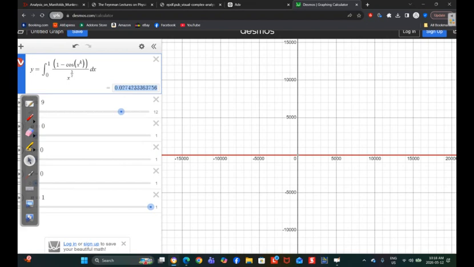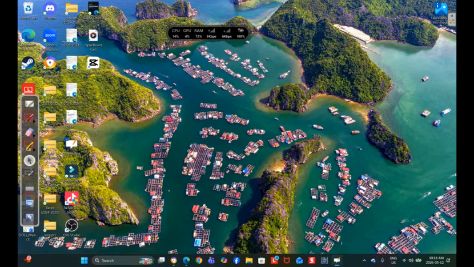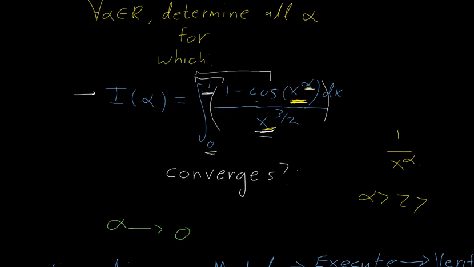I don't want to take up too much of your time, but different values of alpha will make this graph oscillate. That's the point. Negative alpha gives oscillation without enough decay, and that is pretty much the geometry of the problem. Now let's look at step 3.